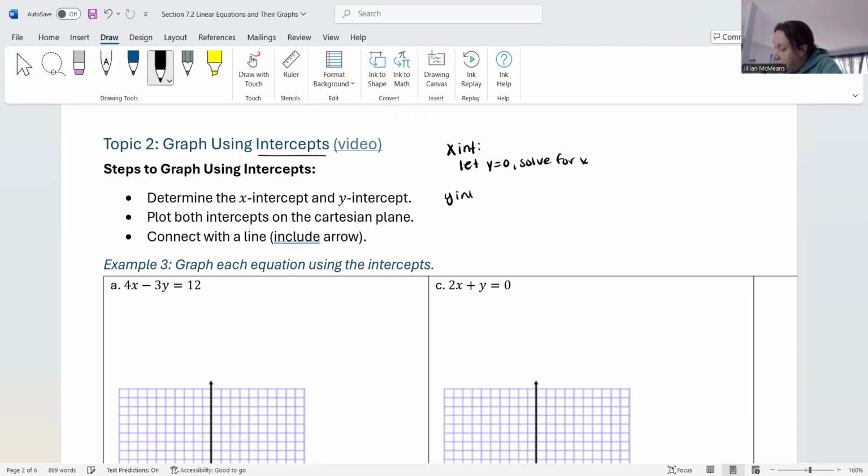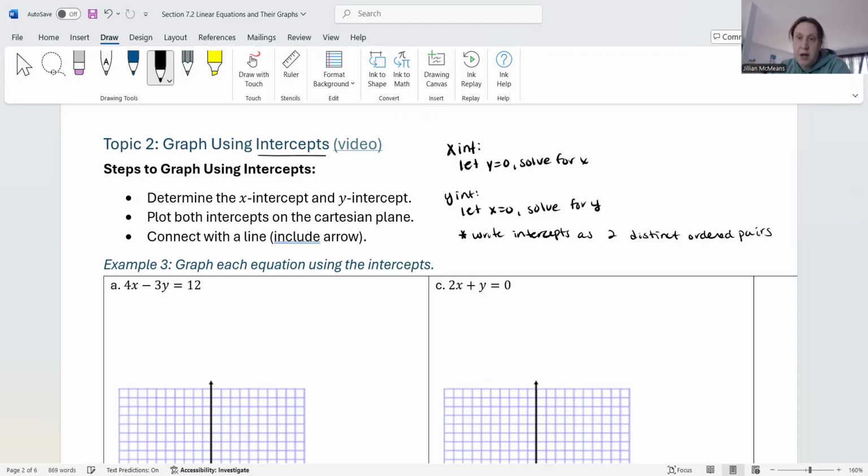For the y-intercept, we let x equal 0 and solve for y. And remember, this is kind of a big deal: you want to write your two intercepts as two distinct ordered pairs.